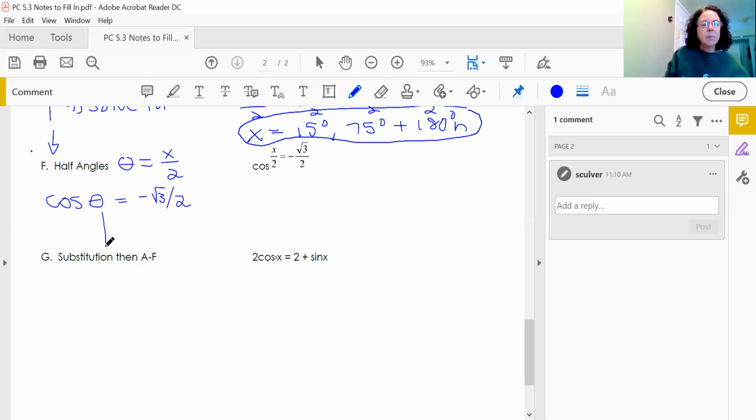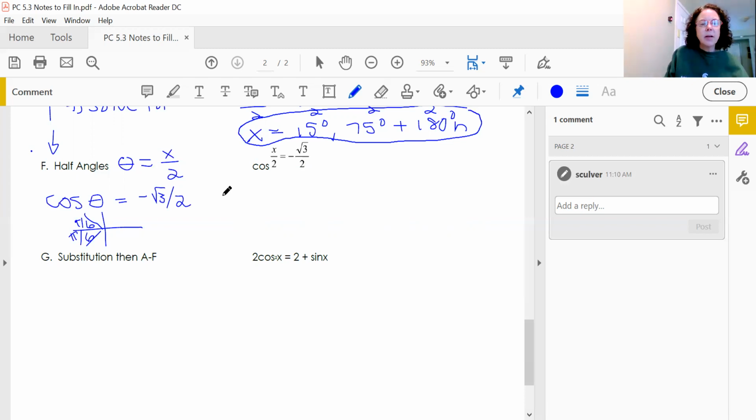I'm going to draw myself a little picture here. Haven't done that in a little bit. We said cosine is negative in the second quadrant and the third. And on my left hand side, where is cosine a negative square root of 3 over 2? That happens at pi over 6. So I'm at pi over 6 in the second quadrant and pi over 6 in the third quadrant. So what are these two angles then?